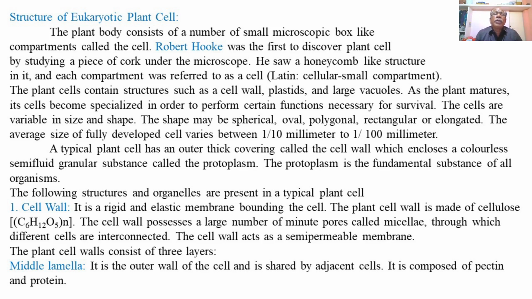The plant body consists of a number of small microscopic box-like compartments called cells. It was Robert Hooke who first discovered the plant cell by studying a piece of cork under the microscope, and he saw a honeycomb-like structure in it, and each box-like compartment was referred to as a cell.